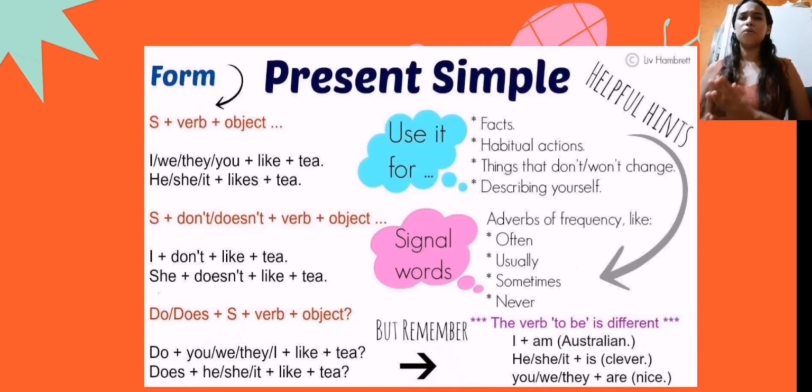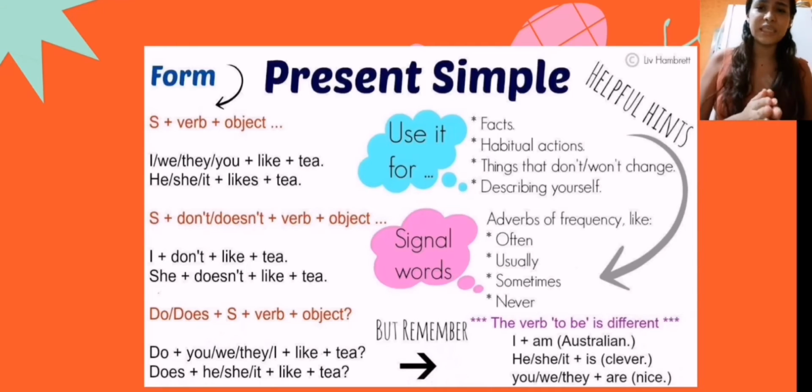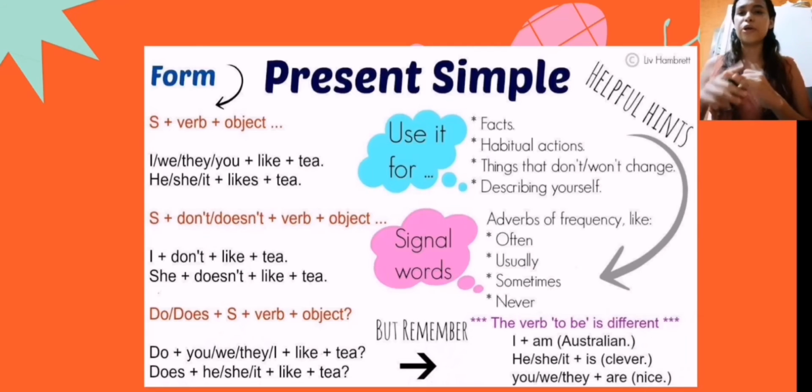We have a summary of present simple. We have the use. As I said, the use for facts, habitual actions that don't change, describing yourself. And we have signal words. These signal words are adverbs of frequency, like often, usually, sometimes, never, always, and others.